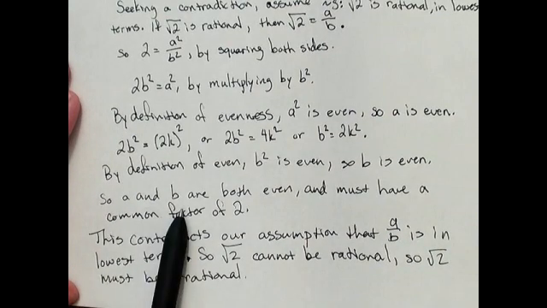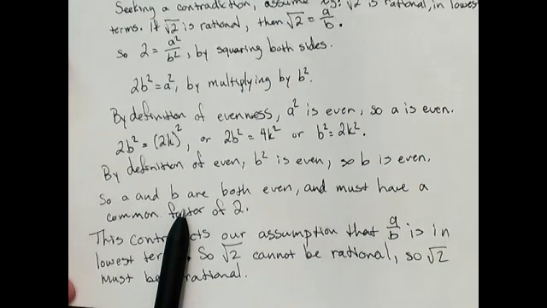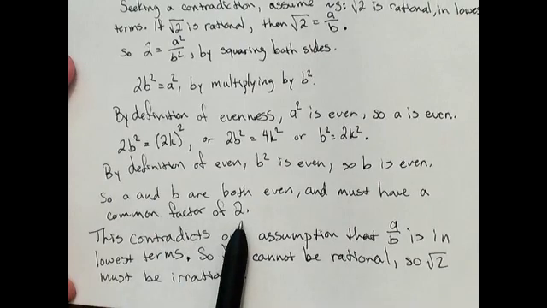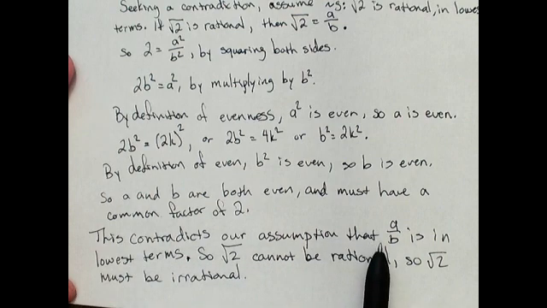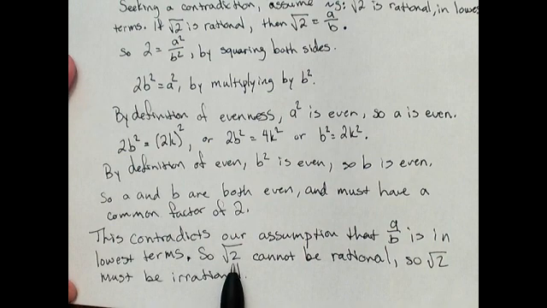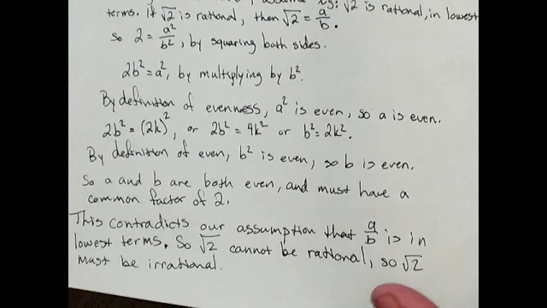If both a and b are even, that means they're either the same and they're divisible by each other, or at a minimum, they are two different even numbers that have to at least be divisible by 2. So because of that, a over b was not in lowest terms, or can't ever be in lowest terms. So this contradicts the assumption. And then since the square root of 2 can't be rational because of that, it has to be the opposite, which would be irrational.